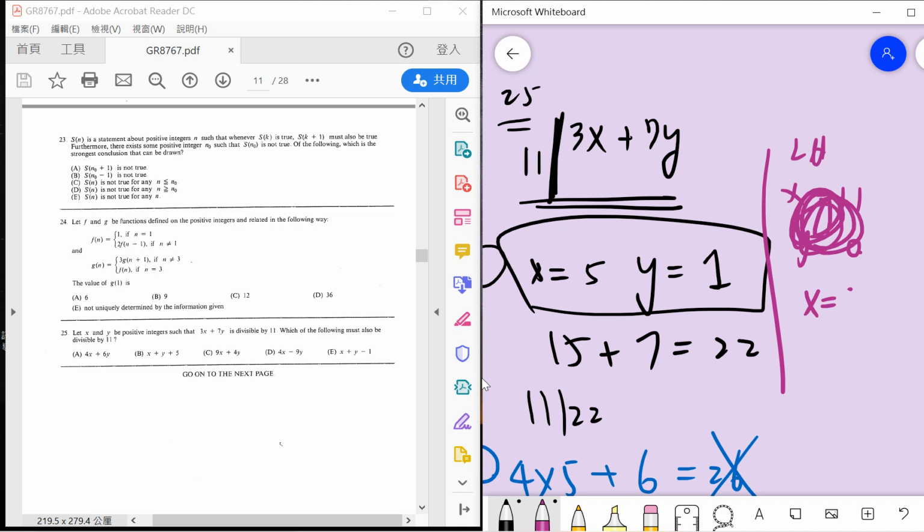Is there a solution for y equals 2? Okay, so maybe x equals 10 and y equals 2. This is okay: 30 plus 14 is 44.